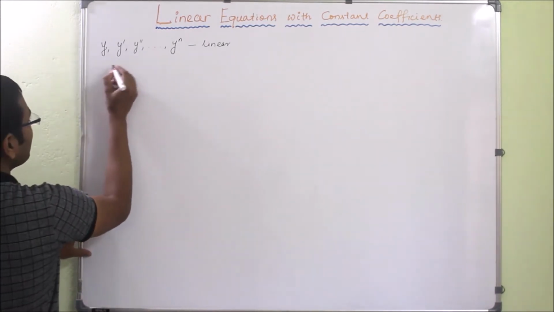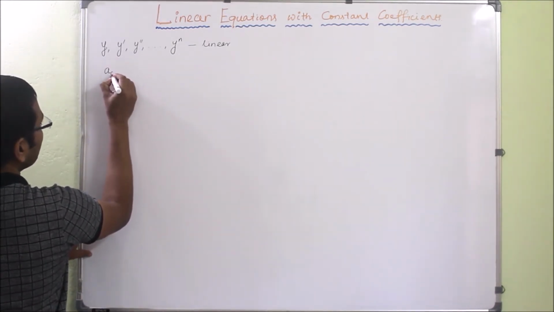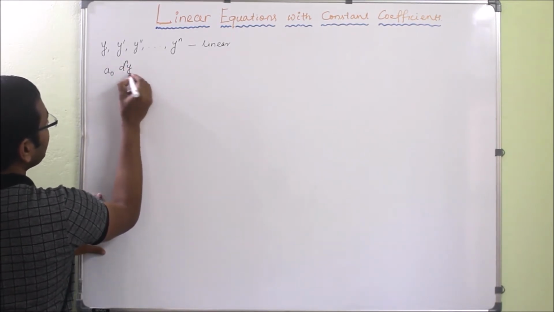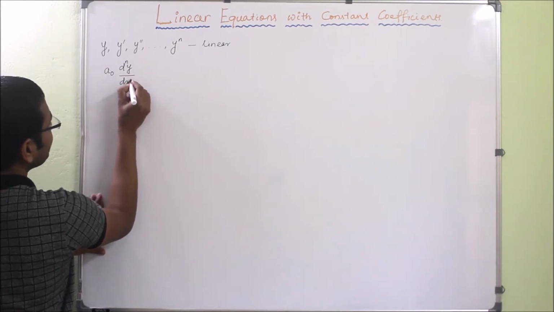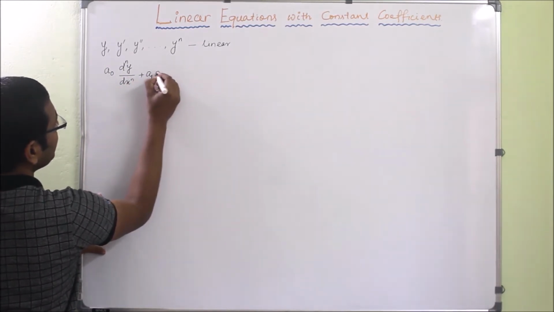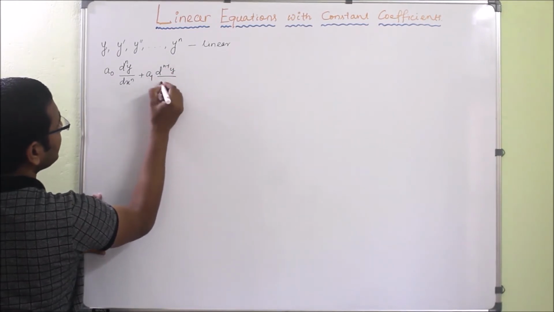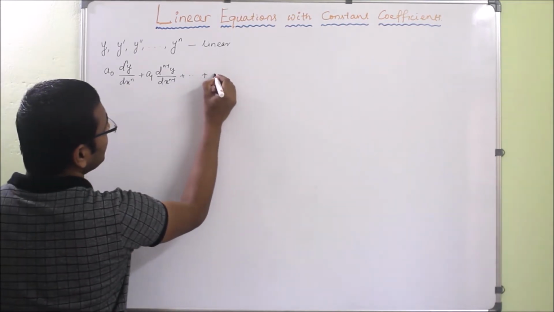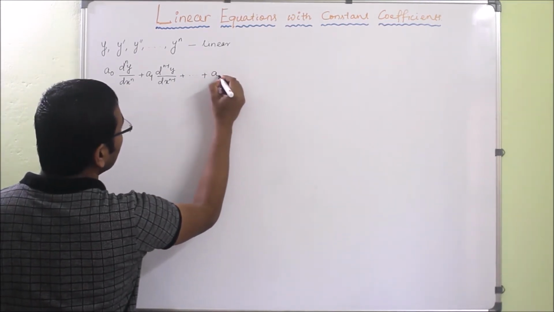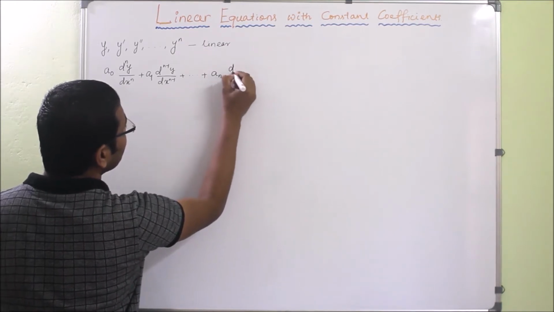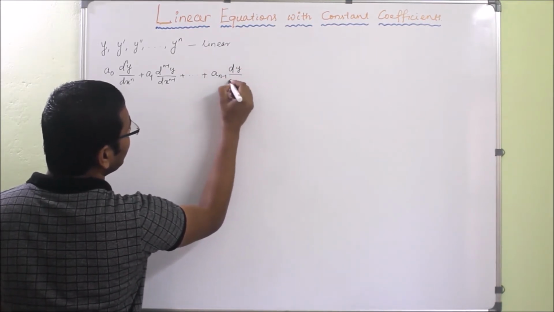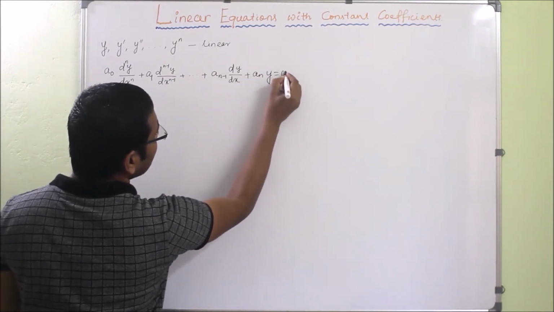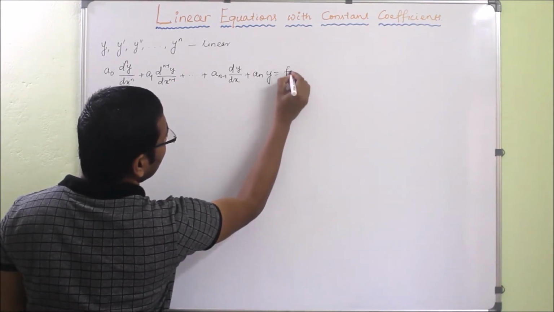differential equation. So for example, if I write a differential equation a0 d^n y by dx^n plus a1 d^(n-1) y by dx^(n-1) and so on, plus a_(n-1) dy by dx plus a_n y equal to f of x.